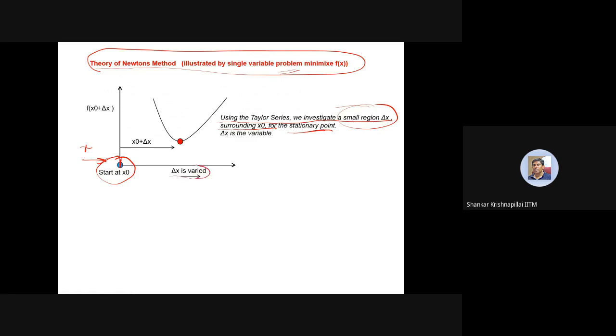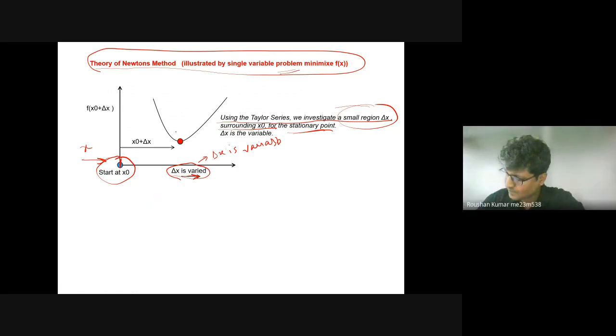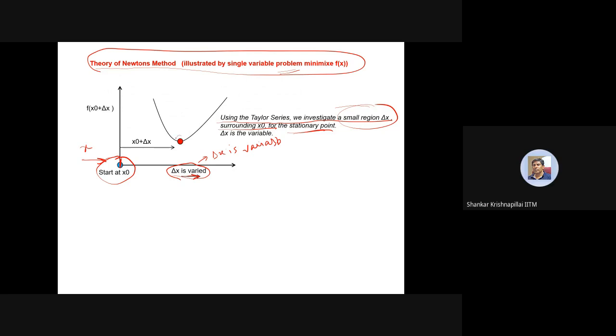Now we make a small variation delta x. Delta x is the variable now, not x. The small increment delta x is the variable now. Let us assume that the minima occurs at one particular value, x naught plus delta x.